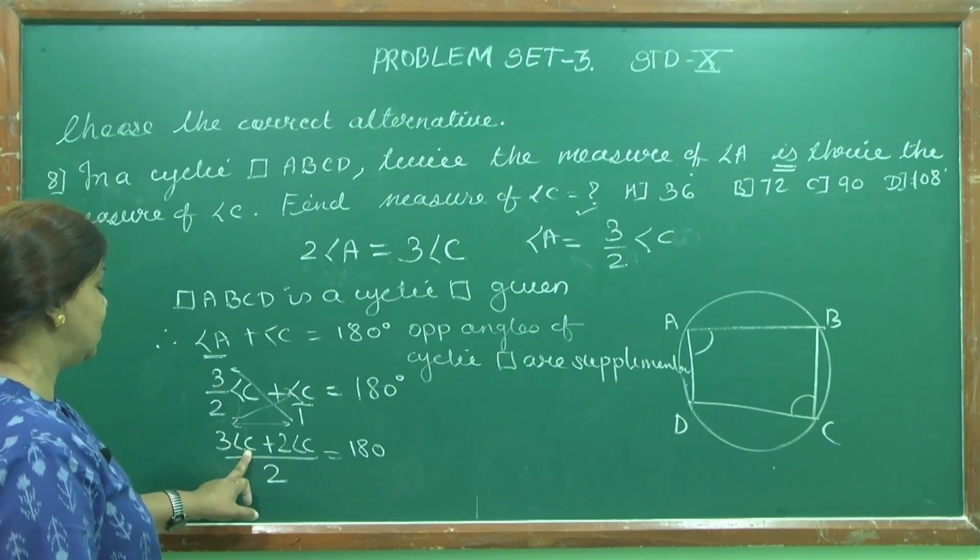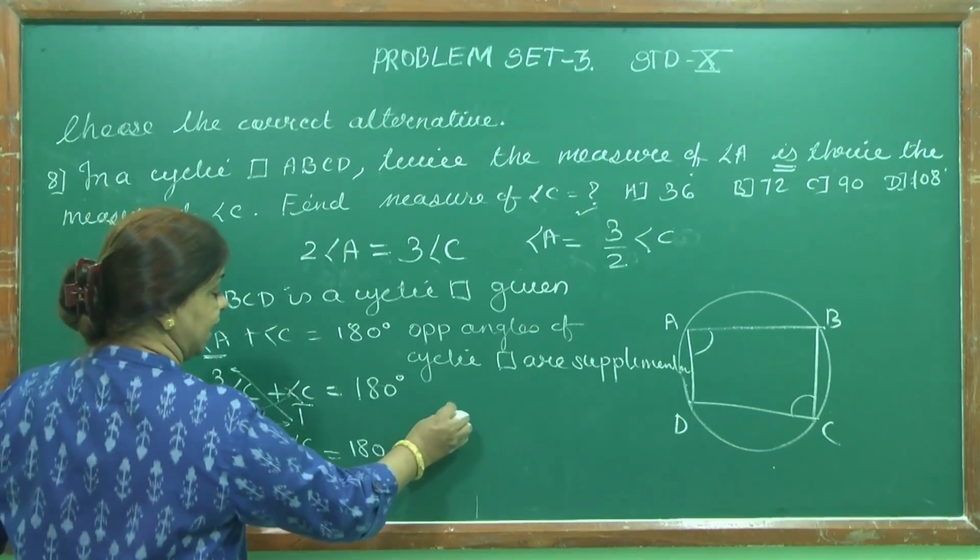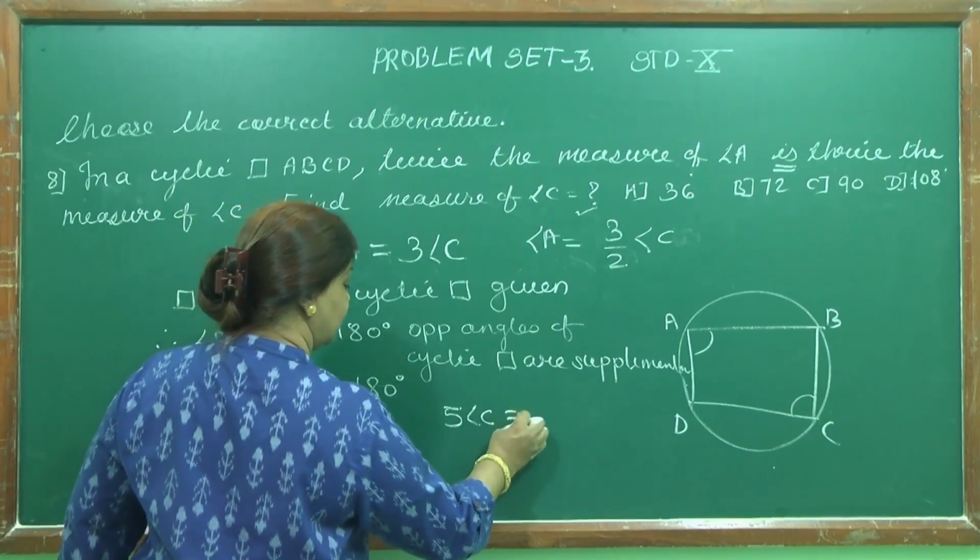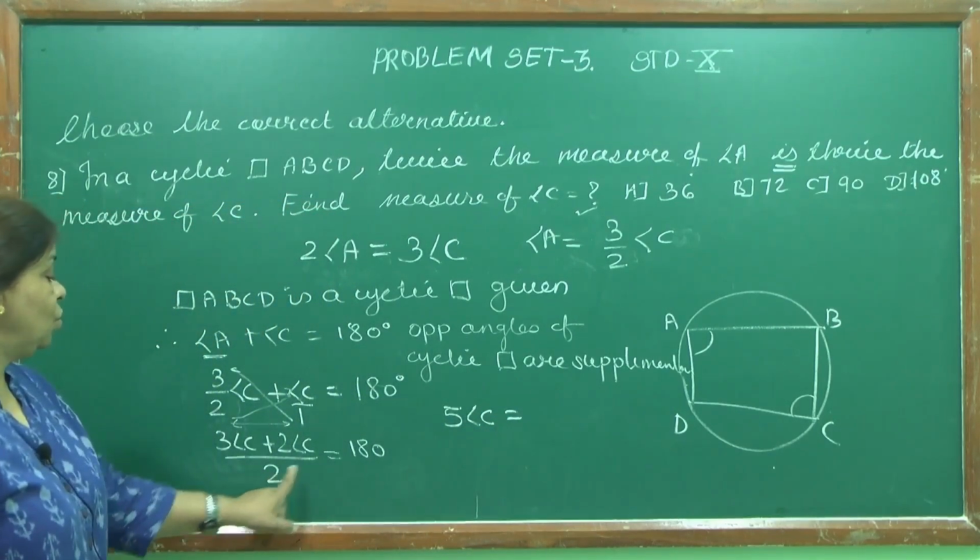Now 3 times angle C plus 2 times angle C will be 5 times angle C, is equal to 2 into 180.